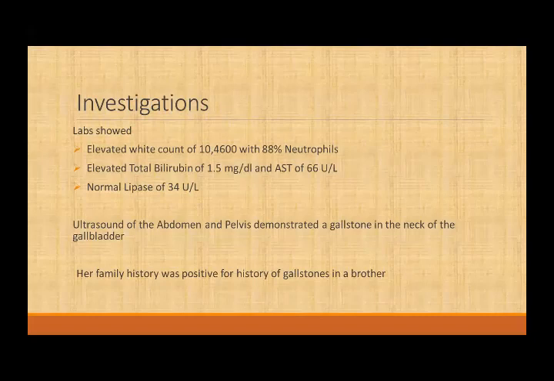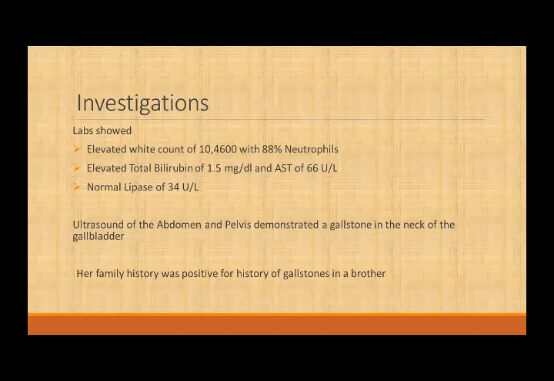The bilirubin was slightly raised, as was the AST. The lipase was normal. Ultrasound reveals a gallstone in the neck of the gallbladder. She also had a family history of gallstones.